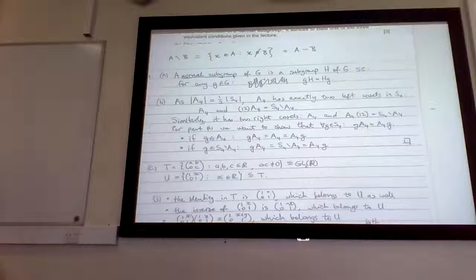There's an alternative way of proving it. If you take any sigma in S4, then you want to show that sigma A4 sigma inverse is a subset of A4. So you let tau be an element of A4, and consider sigma tau sigma inverse.